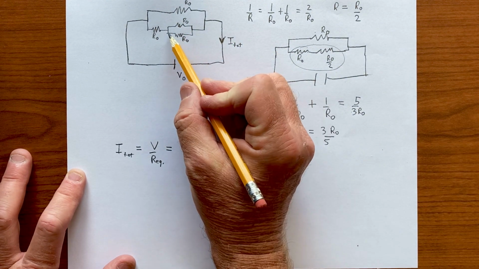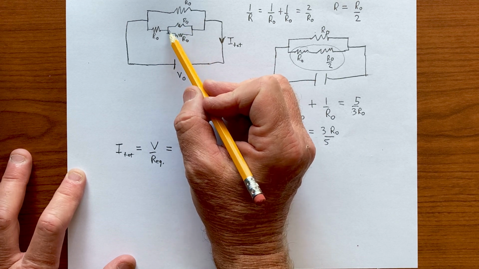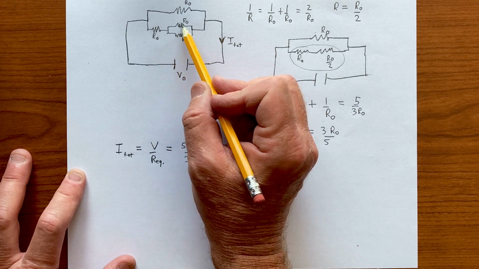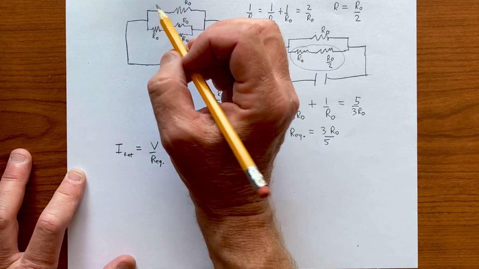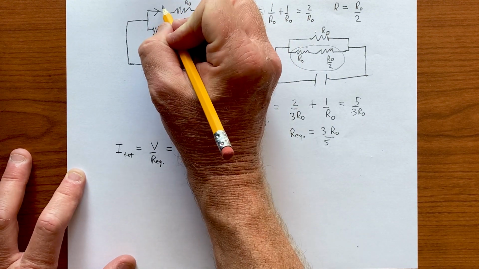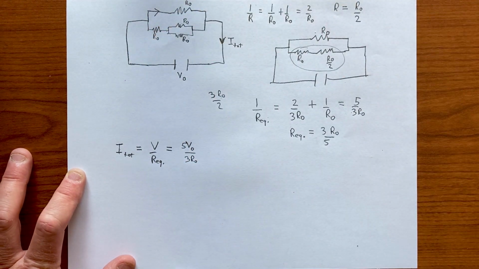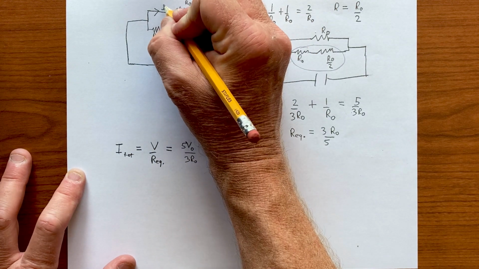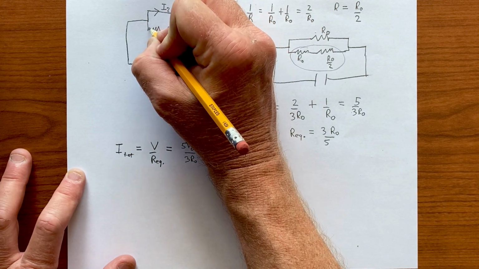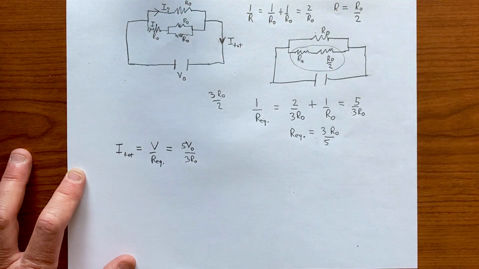Of course, we could find the current going through here and through here, which we would just get by breaking the current going through the bottom part into 2, so that's not terribly interesting. But let's find the current going through here. Let's call this I2, and let's call the current through here I1.